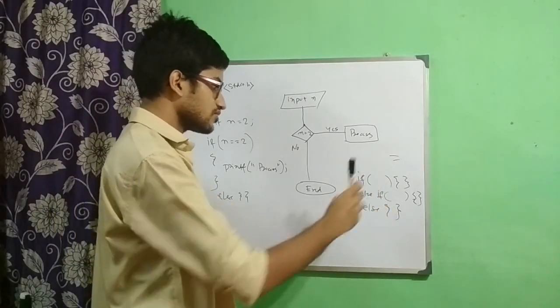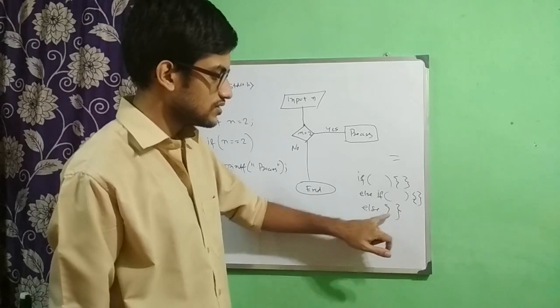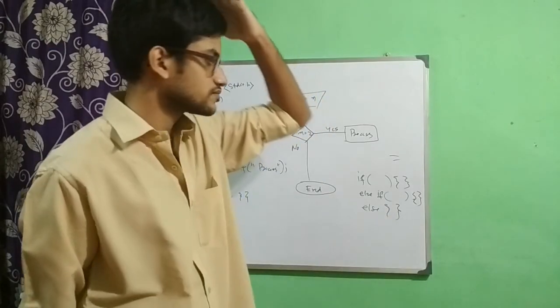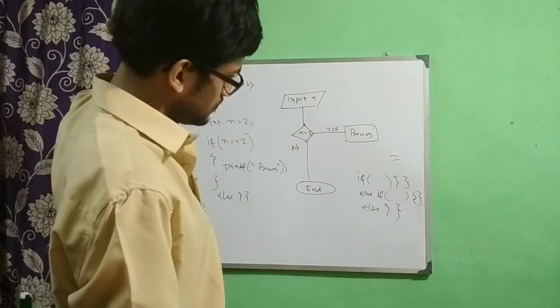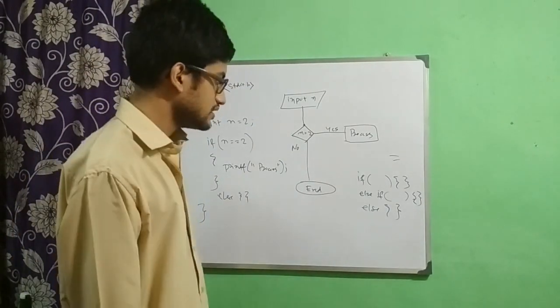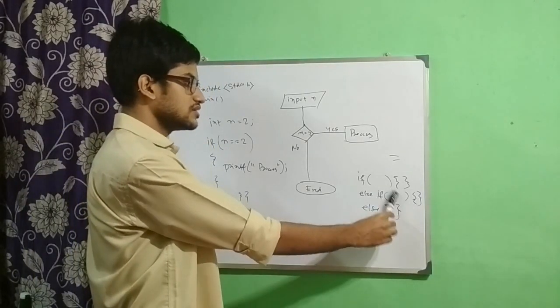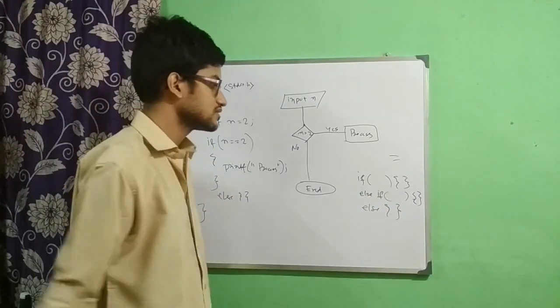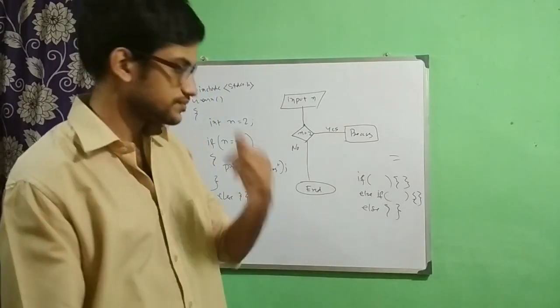If it is also false, finally we will be executing anything written within the else block. Whatever we have written inside the else block will be executed then, because both of these expressions or statements have become false.